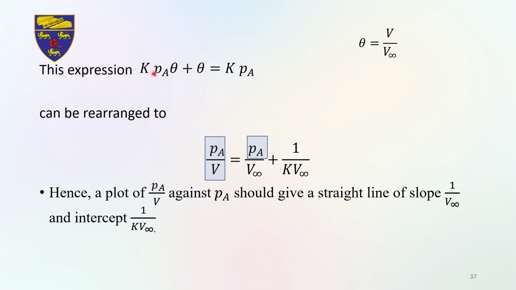So we can rearrange these equations and express theta in terms of volume. By having these equations, we can plot a graph of pressure divided by volume against pressure. We will get a straight line with a slope of 1 over V infinity, and from the intercept, we can obtain the value of the equilibrium constant.